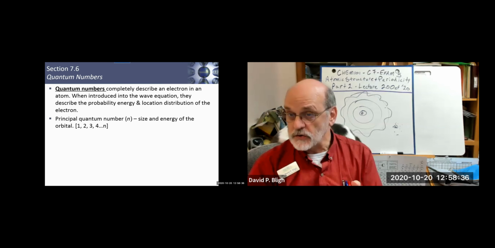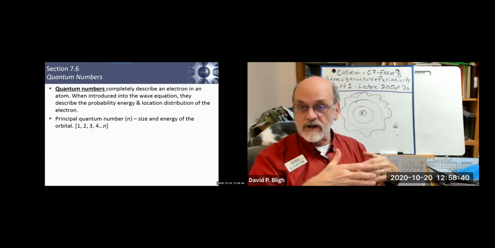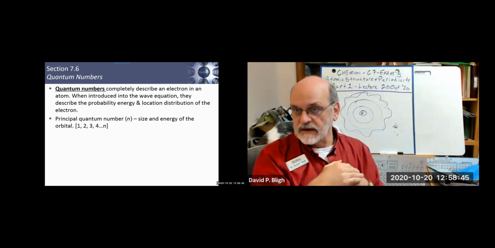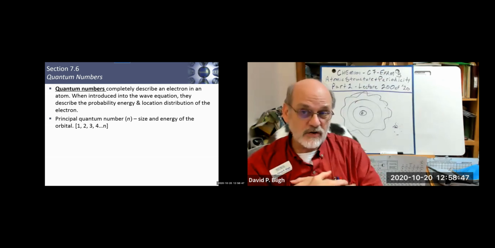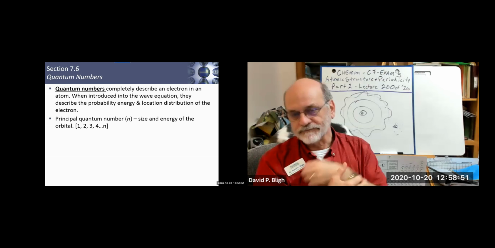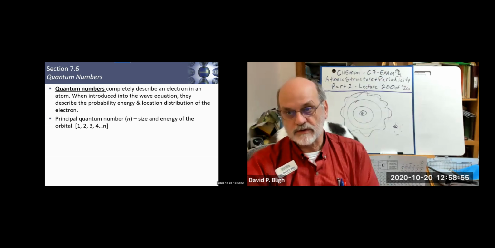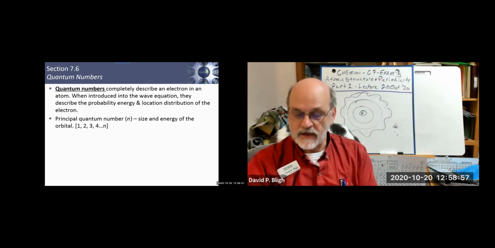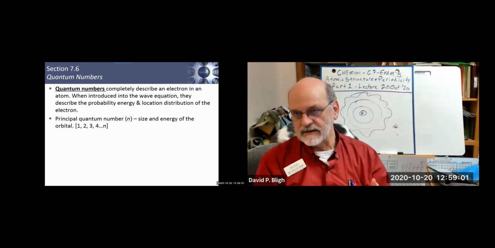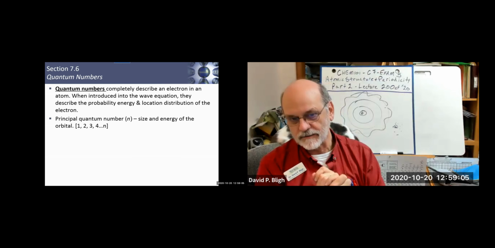And it relates to both the energy of the orbital, you know, the higher the number, the further away from the nucleus it is, and the higher the energy. But it also describes the size of the orbital. Right? So the higher the number, the bigger the space that's occupied by the probability density map for the electron.